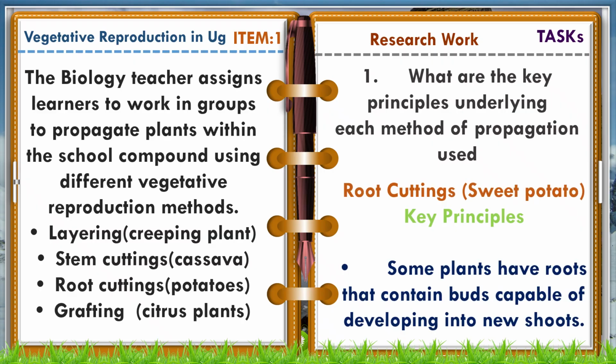Another method of propagation is the root cuttings. That one, we can use it in sweet potatoes. What are the key principles? Some plants have roots that contain buds, and these buds are capable of developing into new shoots.